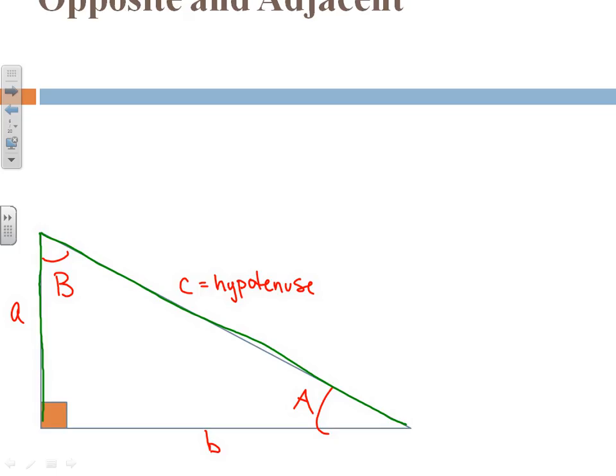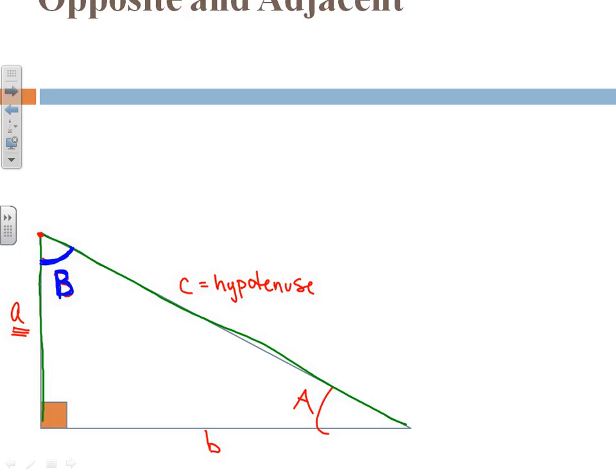Sides a and b we know are legs, but they have a relationship with angle B. So this is angle B right up here. And let's look at how sides a and b are related to it. Well, side a, right here, is one of the two sides that's helping create angle B. So we notice that a and c come together at this point.